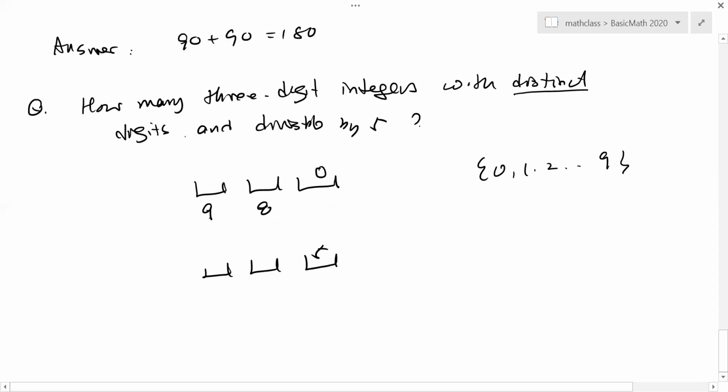Then for the second pattern, 5 is used, but you cannot use 0. So that's why you only have 8 choices. But for the middle digit, you already used 2 digits, so still 8 digits you can choose.